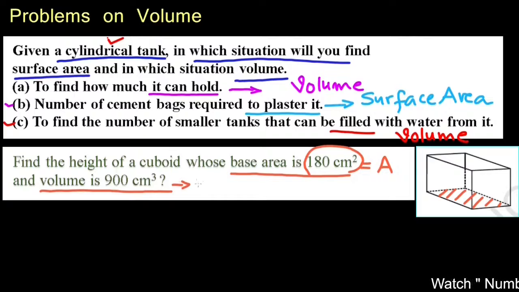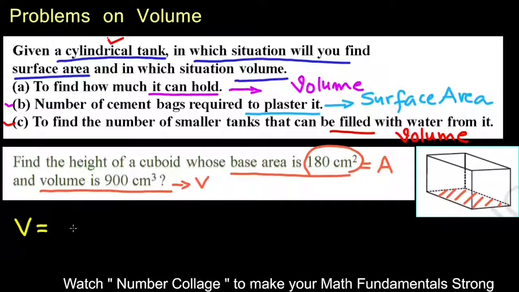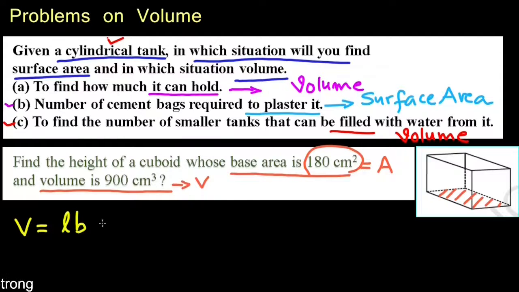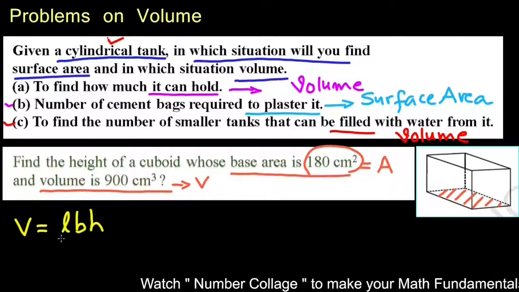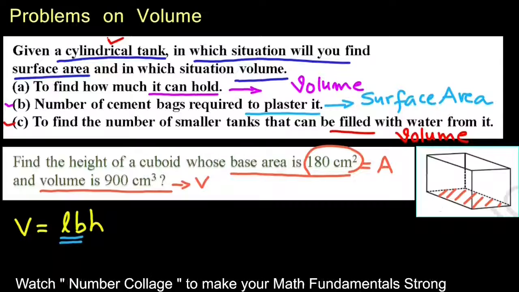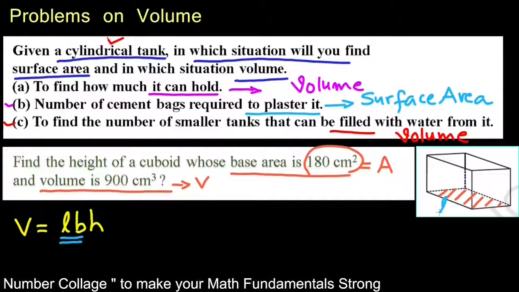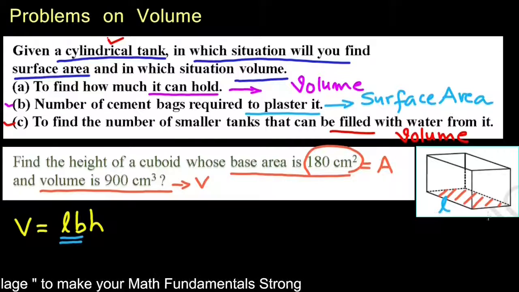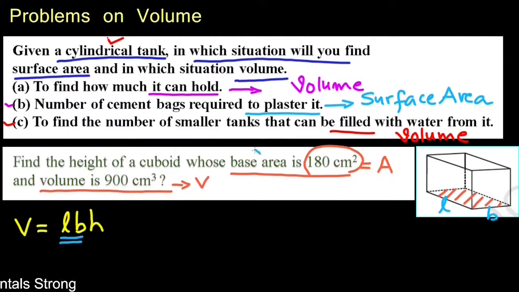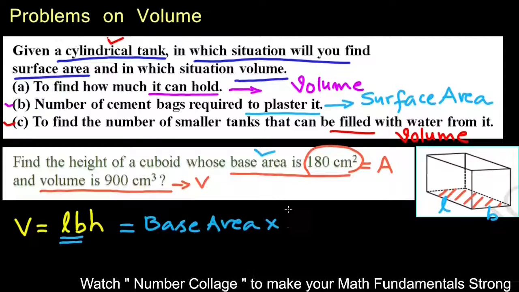Let's name it V. Now we have volume of cuboid V equals L B H. Out of these L and B, suppose this is the length of the cuboid and this is its breadth B, then LB denotes the base area of this cuboid. So we can write it further as base area multiplied by H.